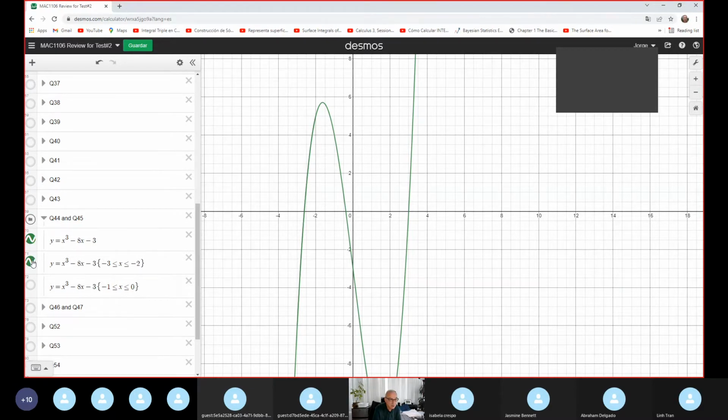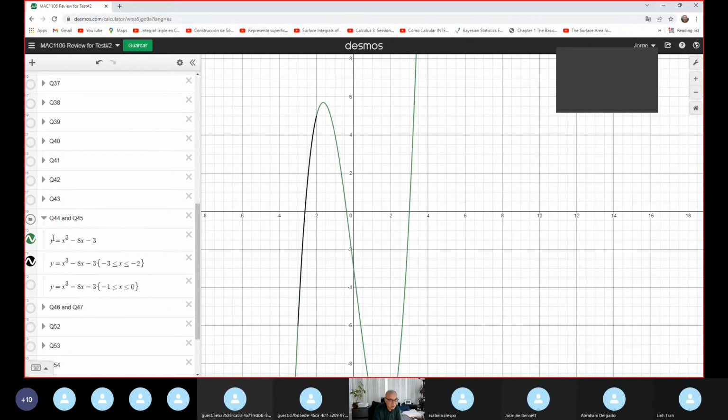Maybe I use a different color. Let me change the color, black. Oh no. Well, it's okay. But much better to see more clearly, you take the piece of curve between -3 and -2.